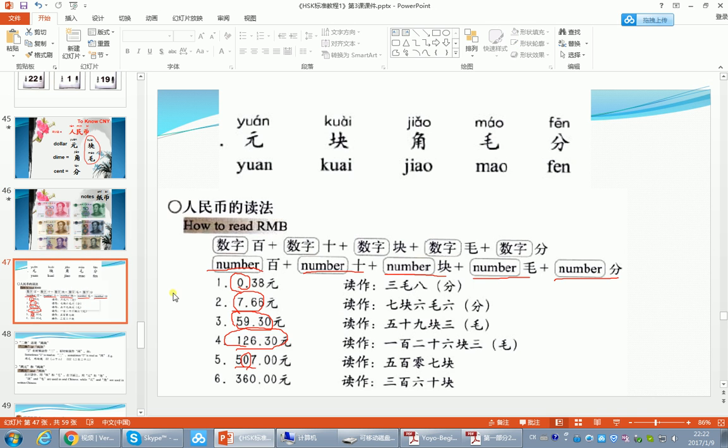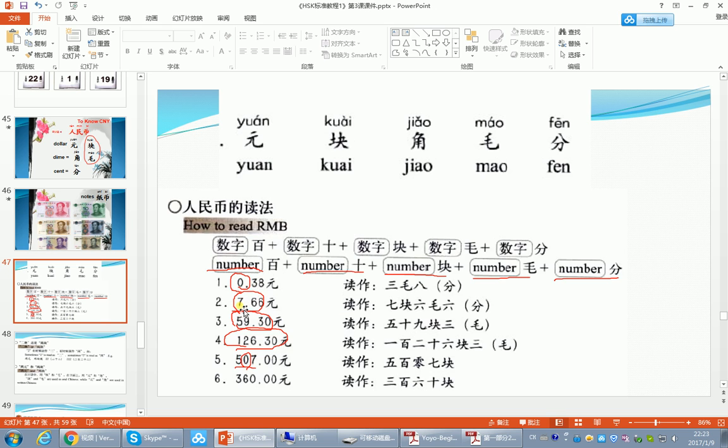And how to read the money? You can see it is 0 yuan, so we don't read it. We only read 角 and 分, dime and cent. So it is 3角8分. You can also read it 3毛8分, because 毛 is also used. 毛 is used in oral Chinese.